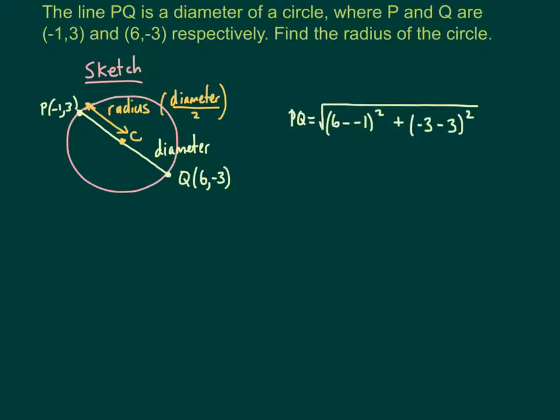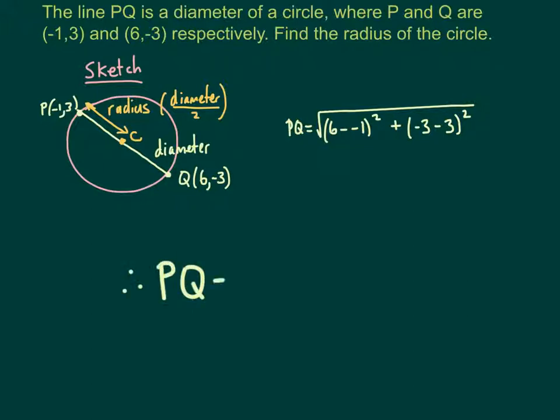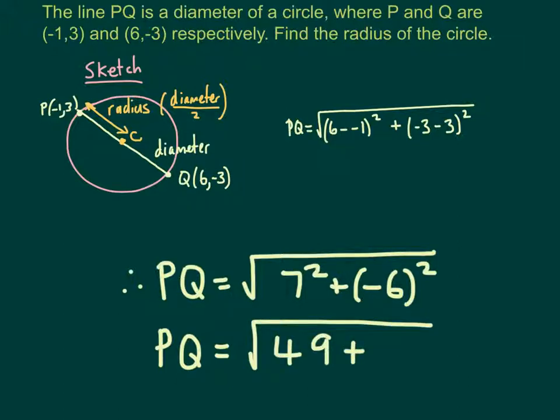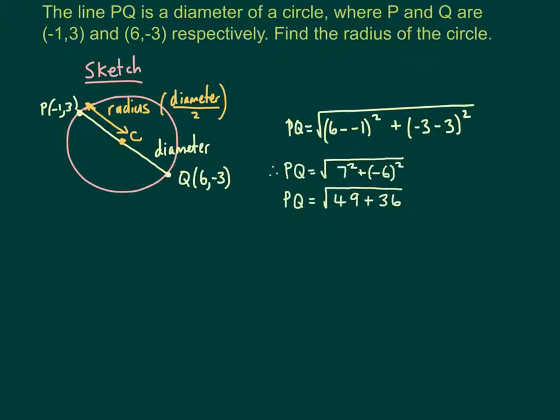If we work that out, PQ is equal to the square root of 7 squared plus -6 squared. That gives us the square root of 49 plus 36, since -6 times -6 is 36.